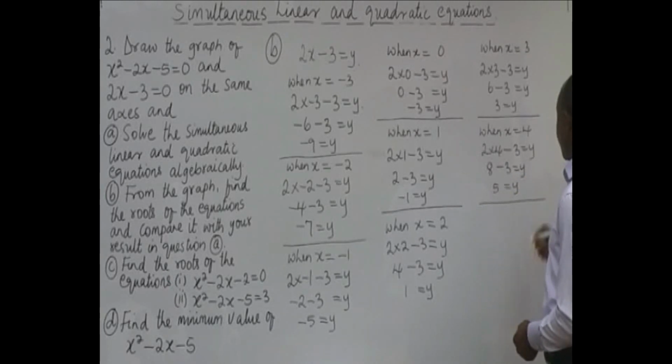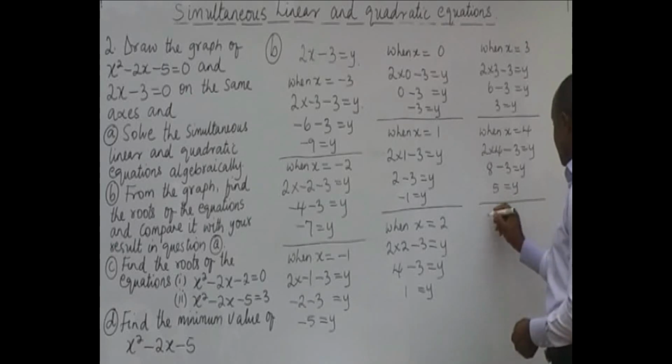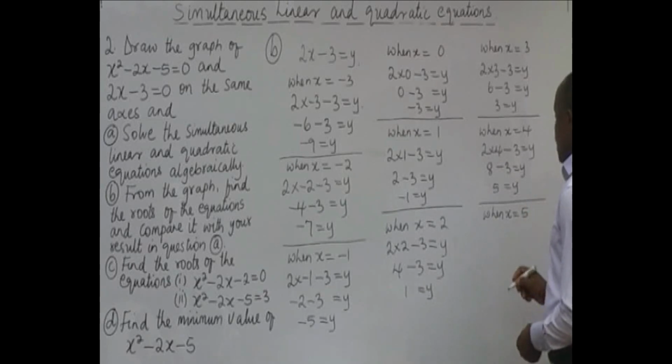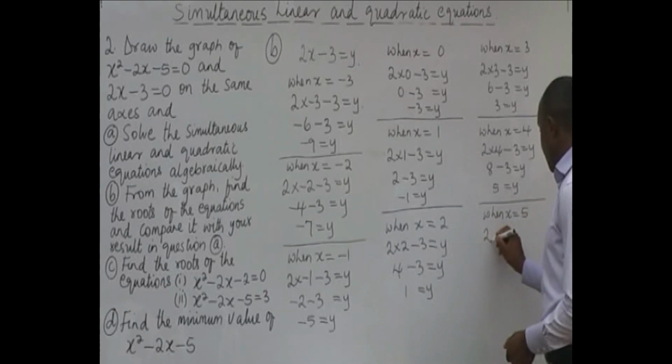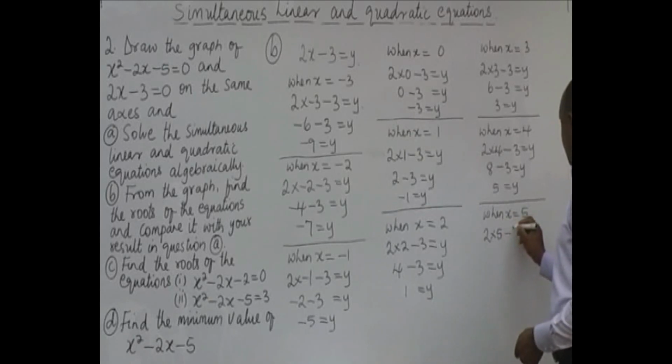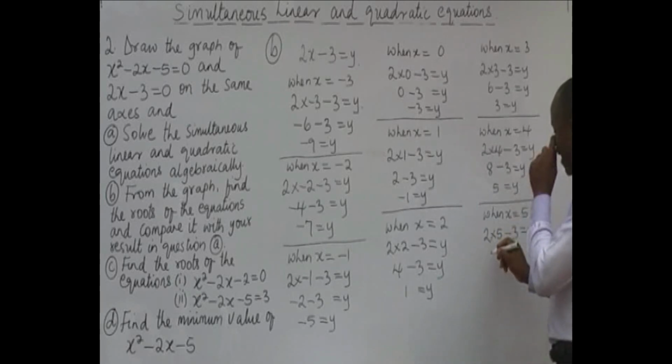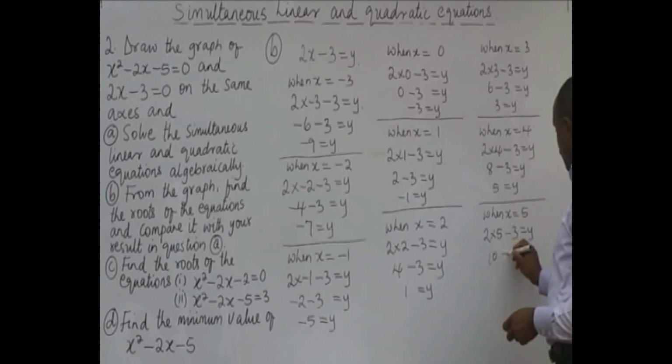The last but not the least, when x is 5. 2x becomes 2 times 5. Then minus 3 is equal to y. 2 times 5 is 10. Minus 3 is the value of y.